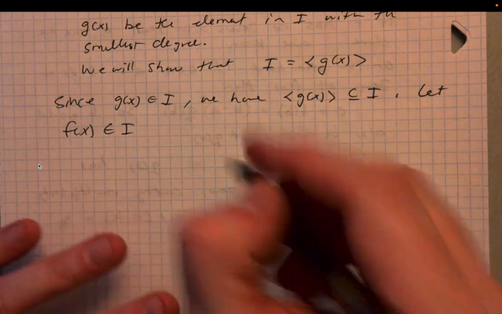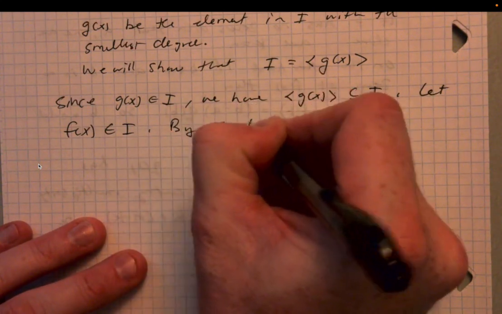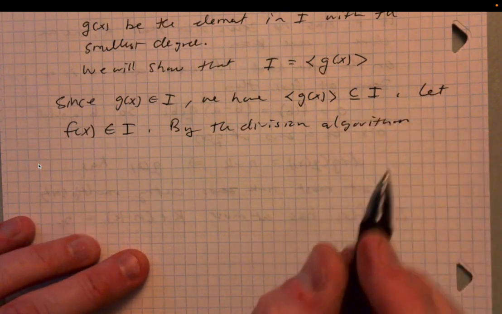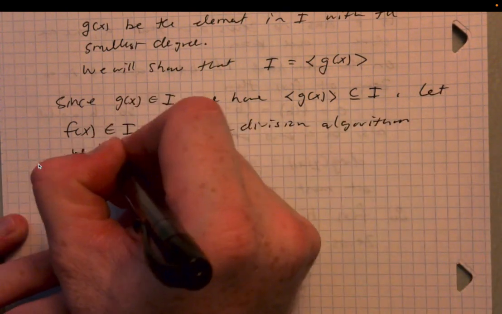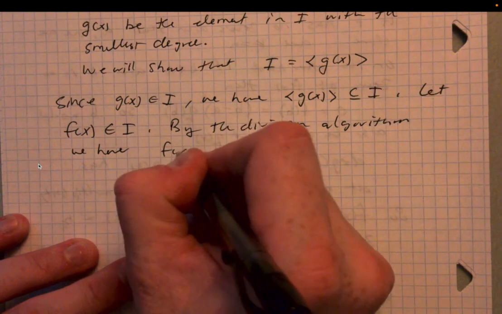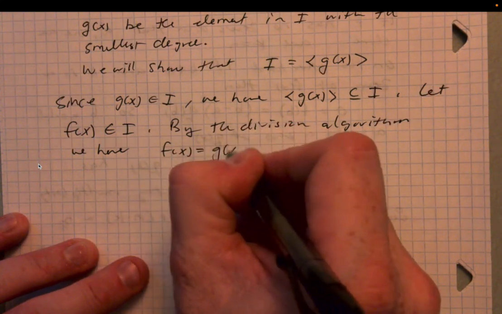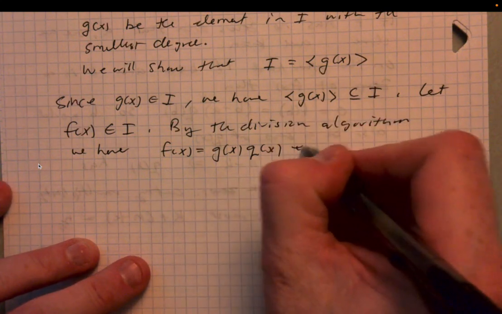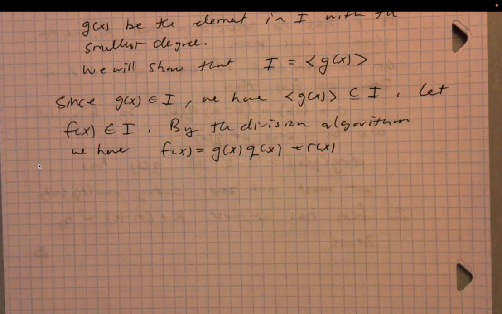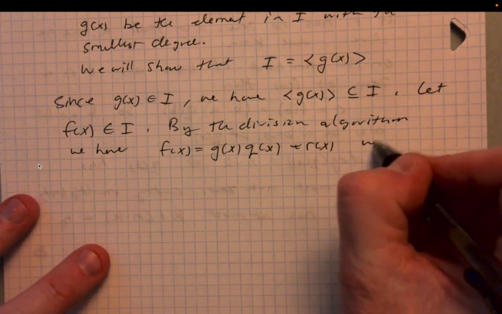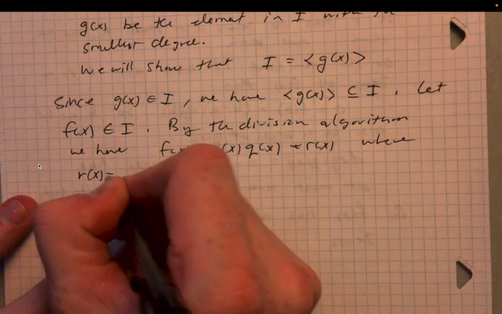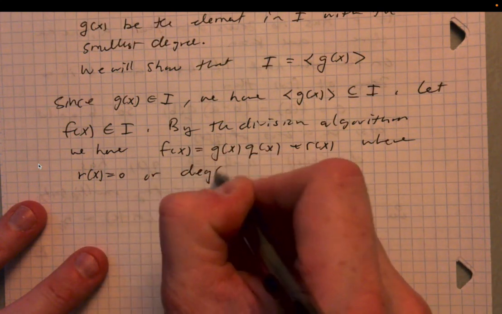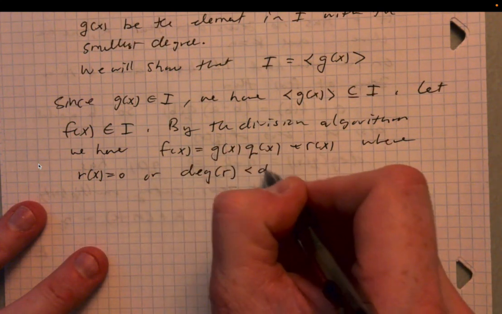Now by the division algorithm, we have f(x) equals g(x) times q(x) plus r(x), where r(x) is equal to 0, or the degree of r is less than the degree of g.